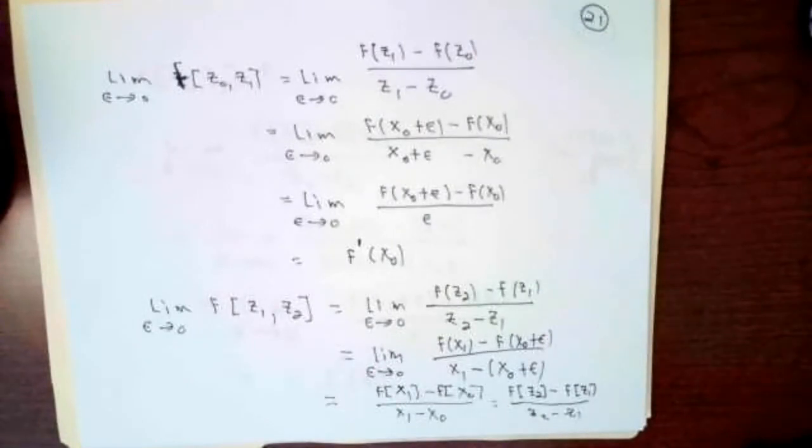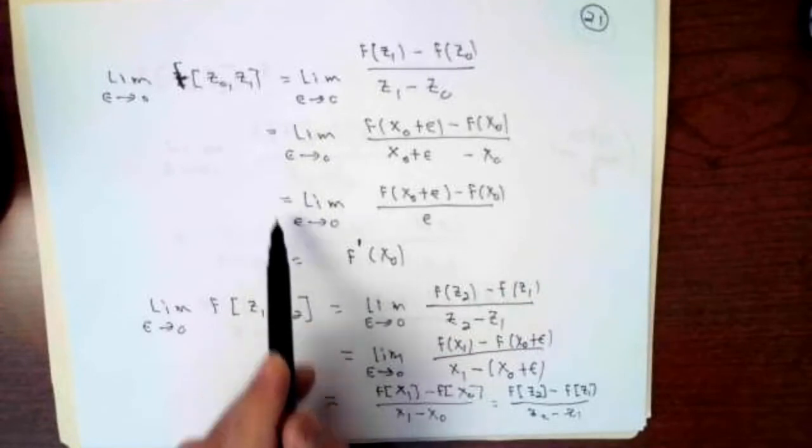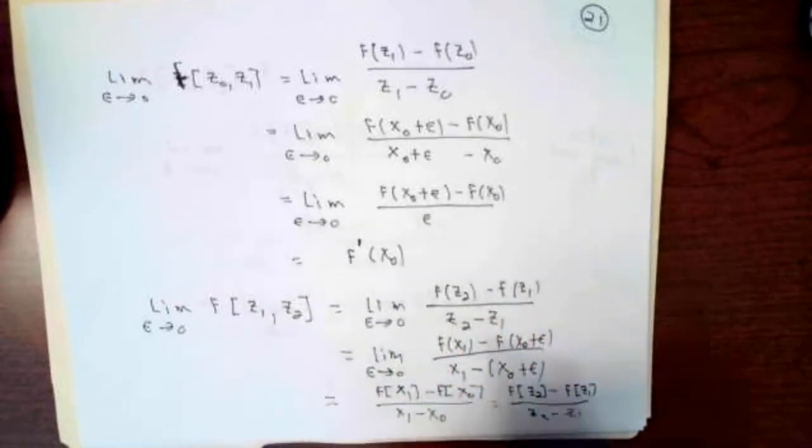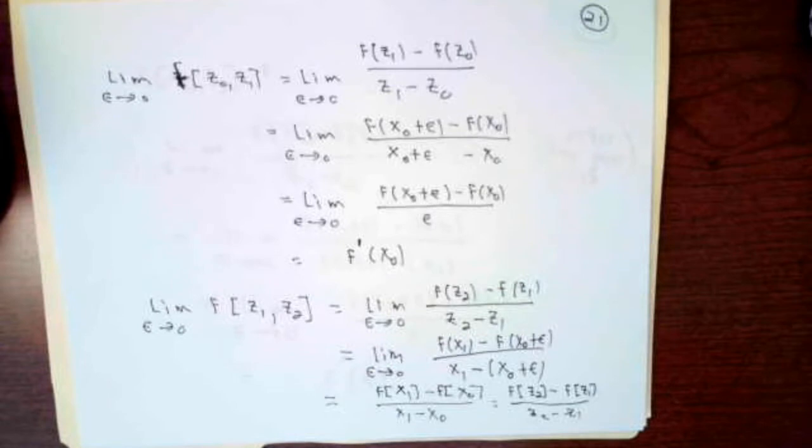In the denominator, the x0 cancels out, and I'm just left with this, which if you think of x0 as being the point you're interested in, and the epsilon as being delta x, this is just the definition of the derivative of f at x0.